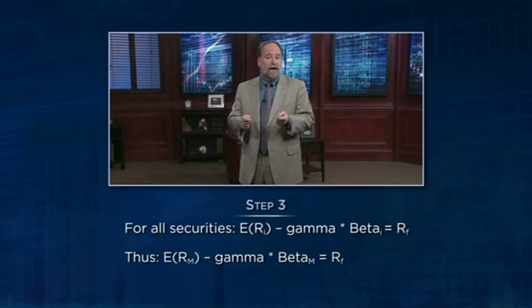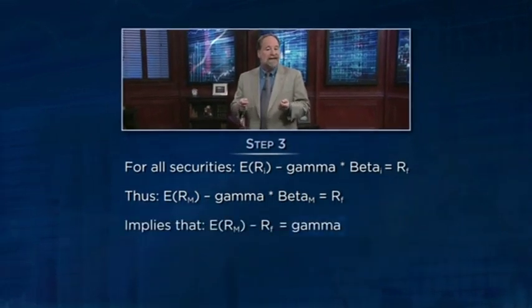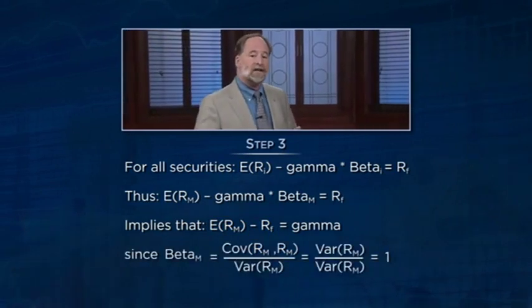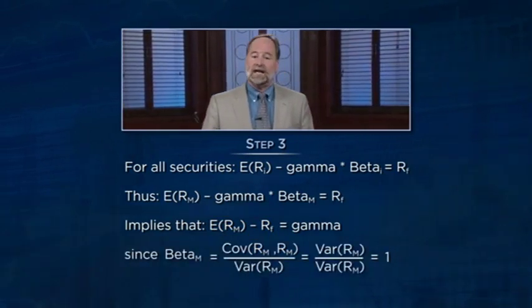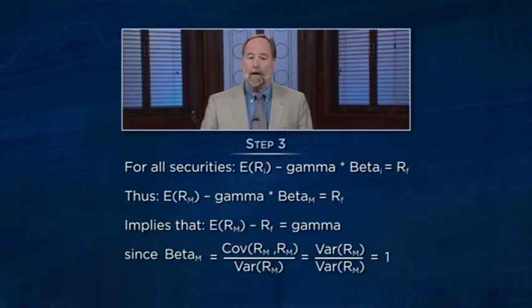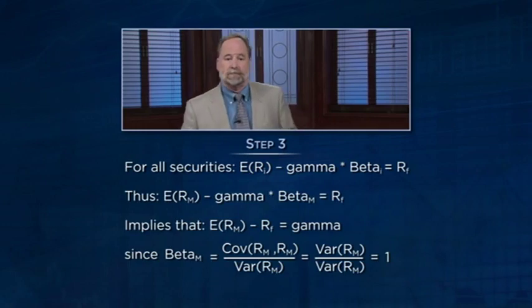But look, the beta of the market portfolio is 1, so this implies gamma is equal to the expected return on the market minus the risk-free rate. That is, the expected return on the market in excess of the risk-free rate is equal to gamma, the market price of risk. So we've now pinned down the market price of risk. The expected return on the market in excess of the risk-free rate is also called the market risk premium.